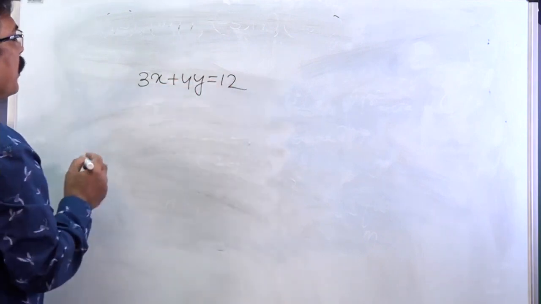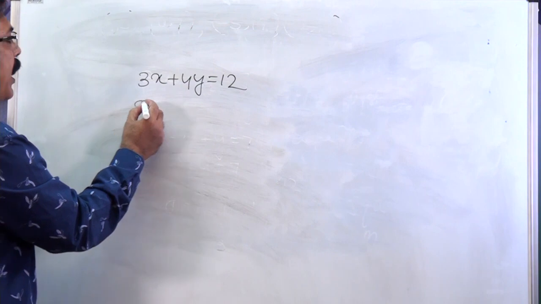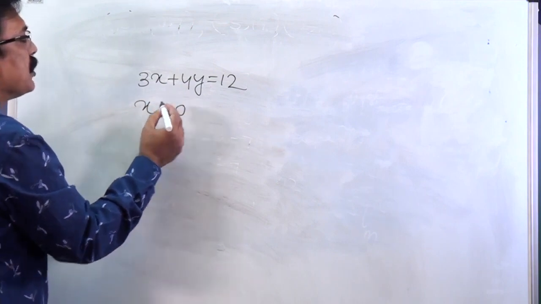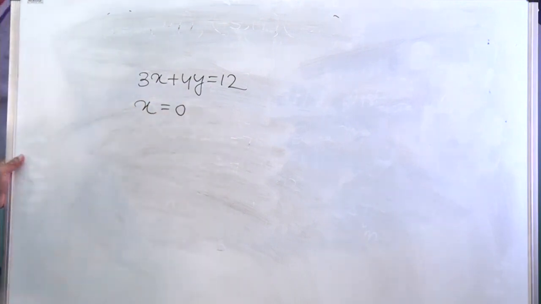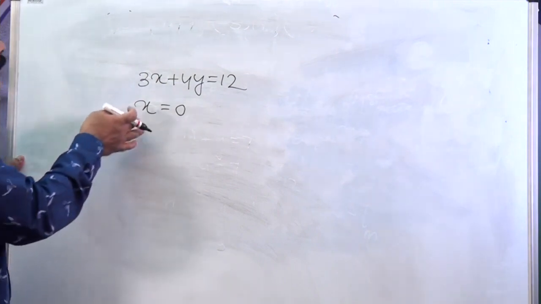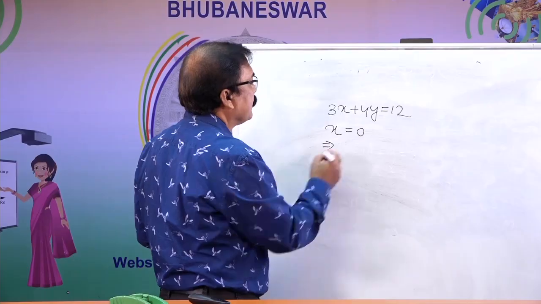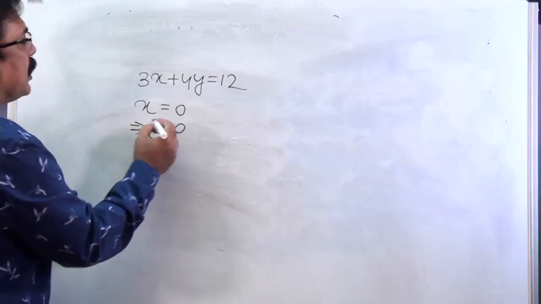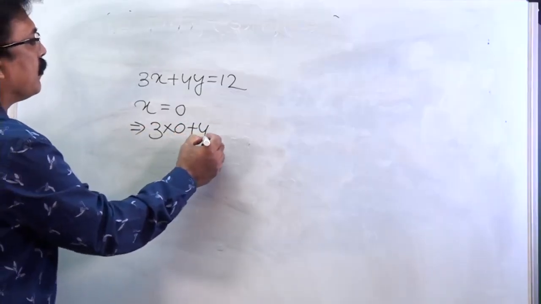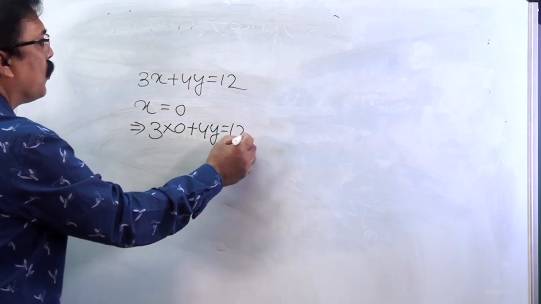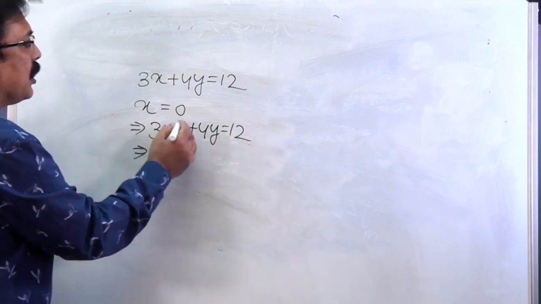So if we put the value of x as 0, this is the simplest solution, by taking one of the variables as 0. This gives 3 into 0 plus 4y is equal to 12. So 3 into 0 is 0.